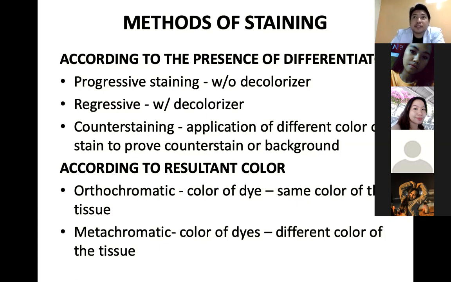A very good example for this class is staining encapsulated bacteria. They are not easily stained, so we stain our background in order for us to visualize the encapsulated bacteria. Counterstaining is also known as negative staining, because what we stain is not the tissue, not the cells, but the background of the cells.